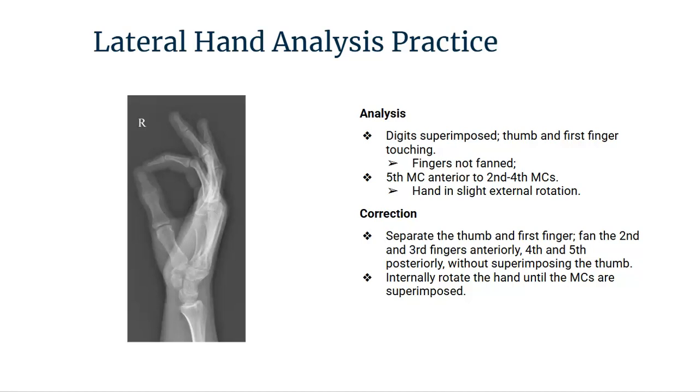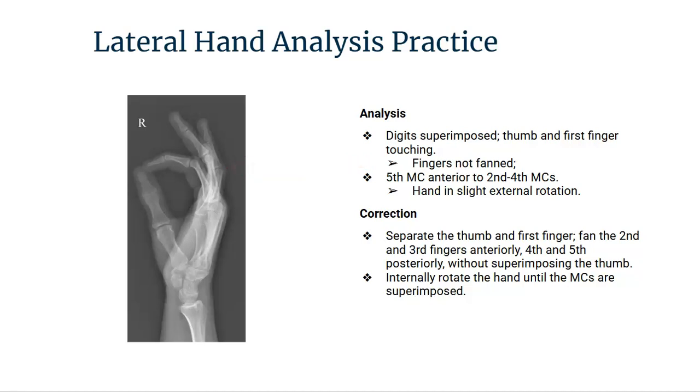So let's work through this practice analysis. Always check to see if you have all your anatomic structures, which we do. Next, you want to determine whether we are adequately positioned to demonstrate the anatomy required of this projection. In this image, the digits are superimposed, with the thumb and the first finger touching here. The fingers are not properly fanned, which is leaving them somewhat superimposed.